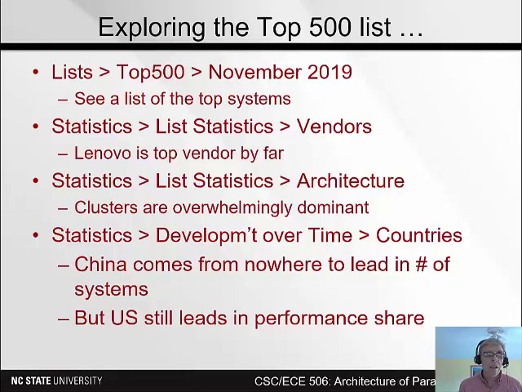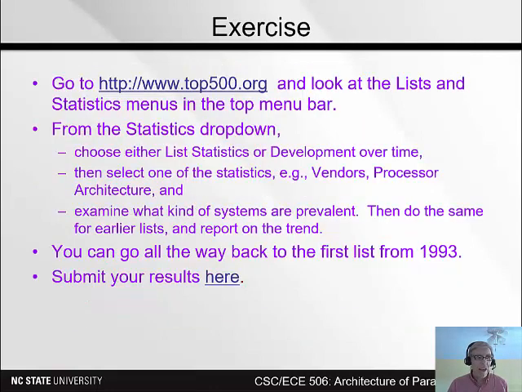You might also look at the development over time in statistics and countries. You'll note that China now leads in the number of systems in the Top 500, but the US still leads in performance share. So the exercise that I have is to go to top500.org and look at the list and statistics menu in the top menu bar.